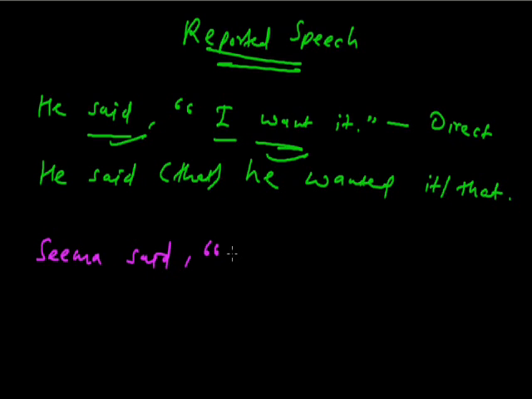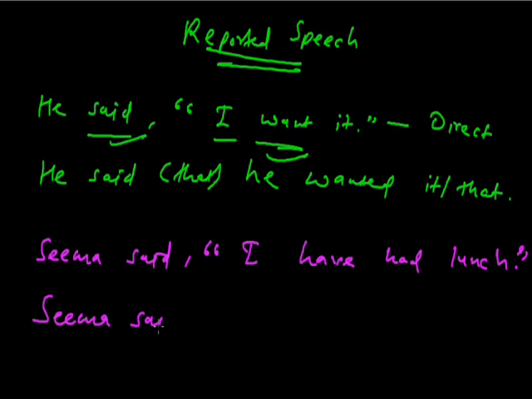Seema said, "I have had lunch." Seema what? Said, and this, as I remember, is the reporting verb. Seema said, and this is the statement, so the connector. Whenever there is a statement in the inverted commas, the connector would be that. Sorry, it's not he, Seema said that.